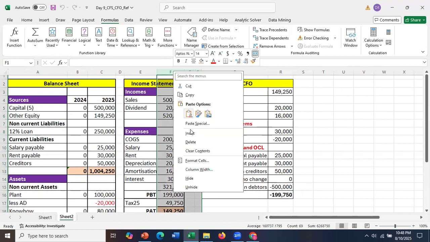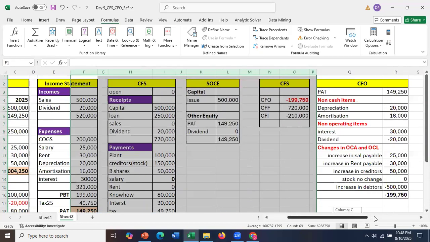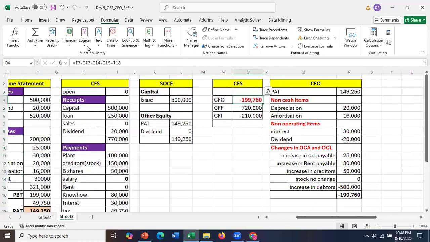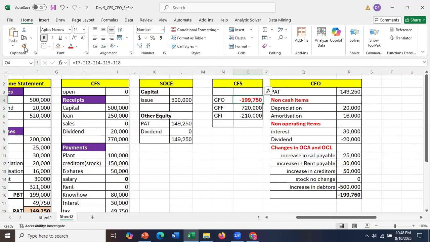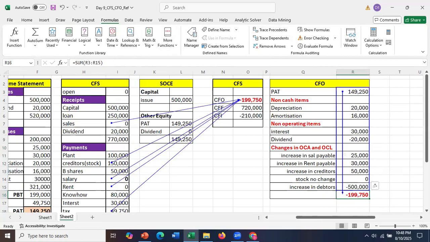So the indirect method will show the same amount of CFO. The method doesn't matter. Whether you derive CFO through the direct method or the indirect method, the result will be the same.